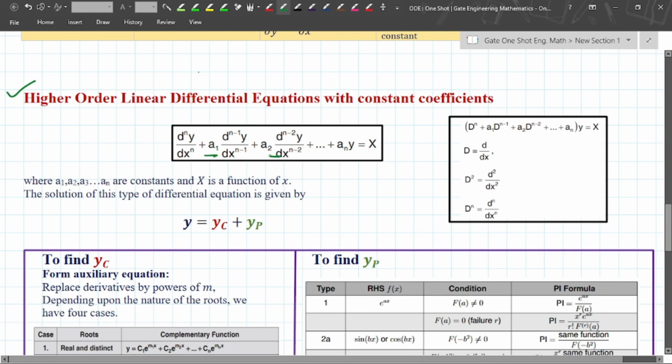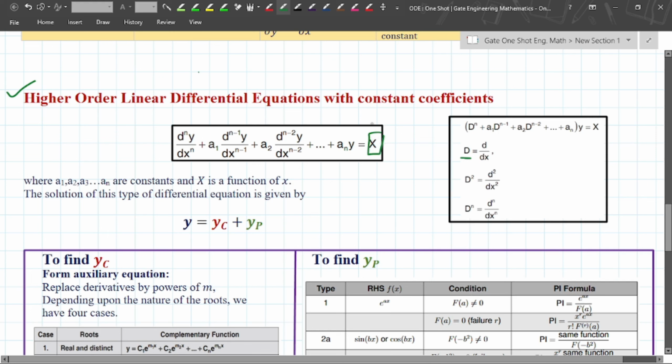Here a1, a2, a3 are constants, and we represent the derivative with D. So capital D means d by dx; it is called the differential operator. D2 means d2 by dx square, the second derivative, and the third derivative is represented as D3, where a1, a2, an are all constants, and this will be a function of x.